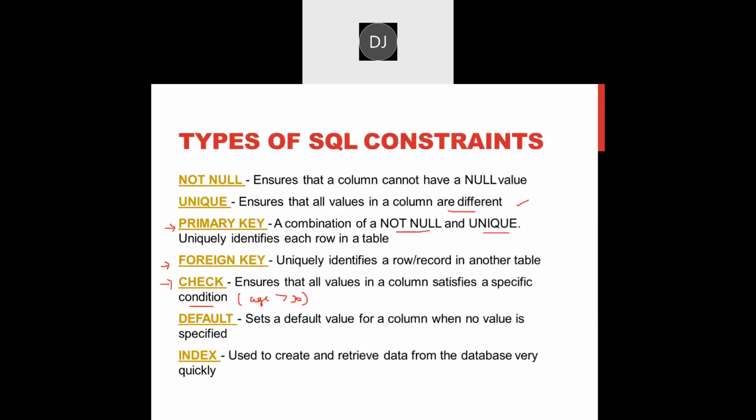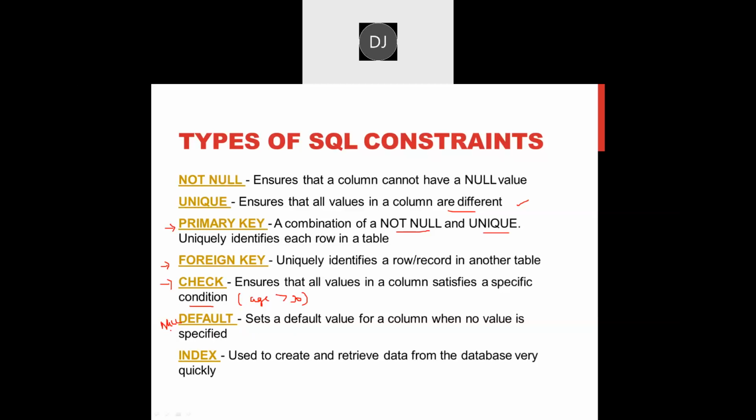And default sets a value for a column when no value is specified. Like yesterday in the table, if we don't give any value, null is the default taken by the SQL engine itself. Otherwise we can also specify using the default constraint.